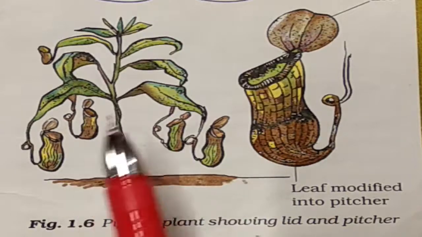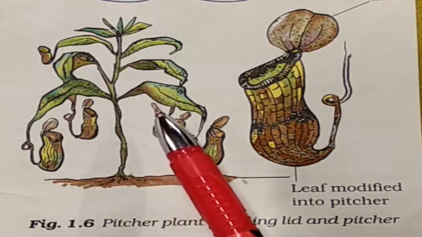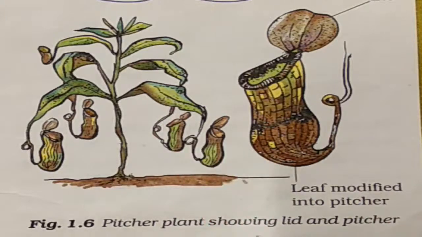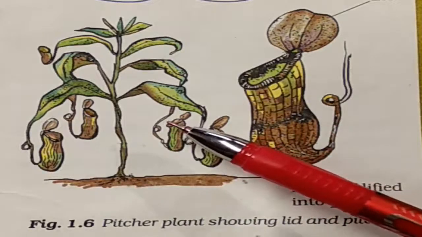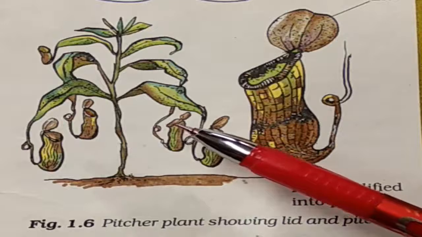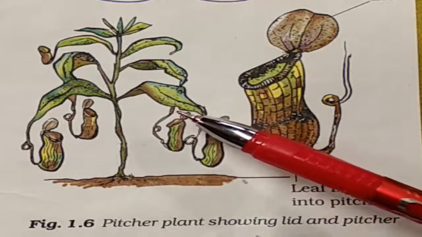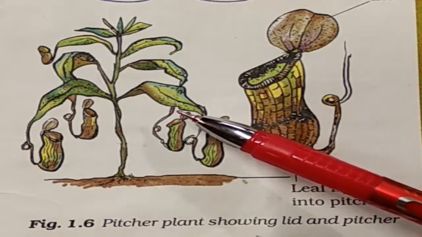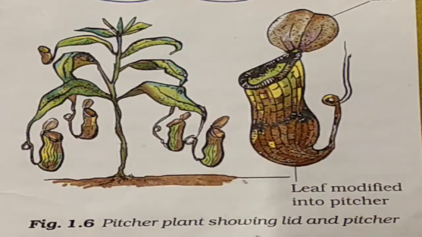We see this pitcher plant is also green in color, which indicates the presence of chlorophyll. Since it is green in color, this pitcher plant also has chlorophyll. It can perform photosynthesis, that is, it can produce its own food through photosynthesis.